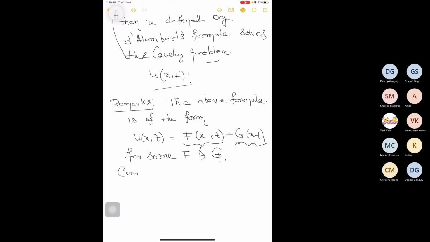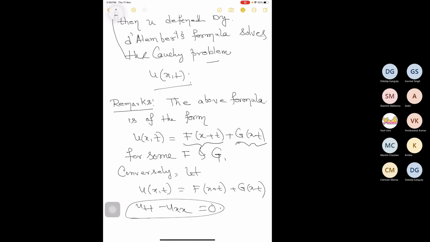Conversely, you let u of x,t be equal to some F of x plus t plus G of x minus t. Then clearly, if you compute u_tt minus u_xx, this is equal to 0.